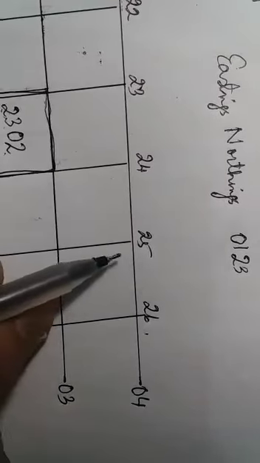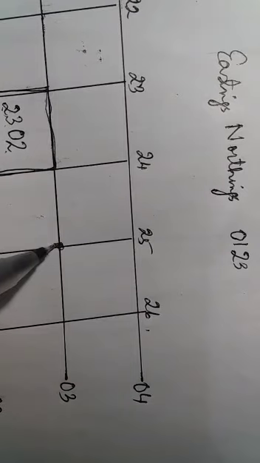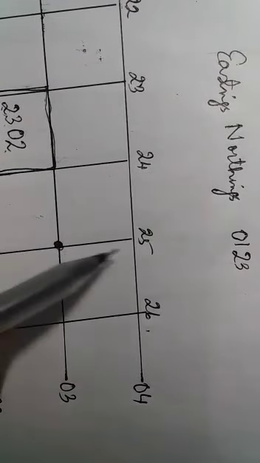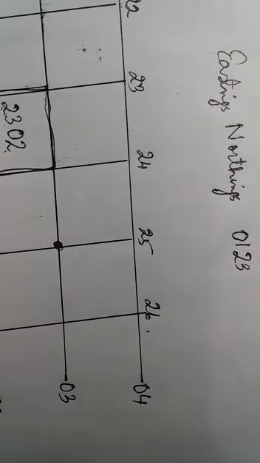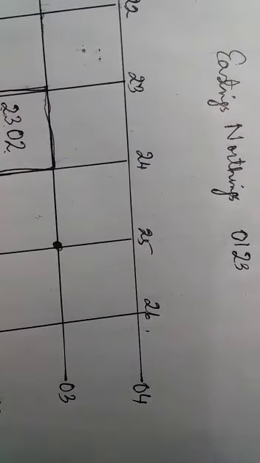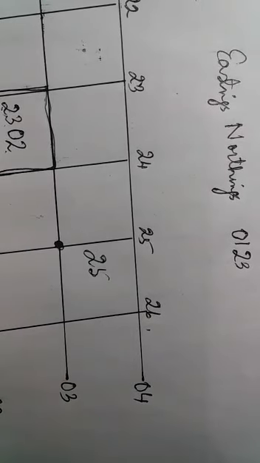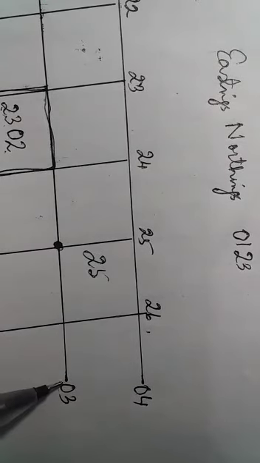We can take another example. If we take this, for example, this is a grid square. Where is the origin? This is the origin, the southwest corner. So which line of easting passes through this? It is 25. And which line of northing passes through this? It is 03.